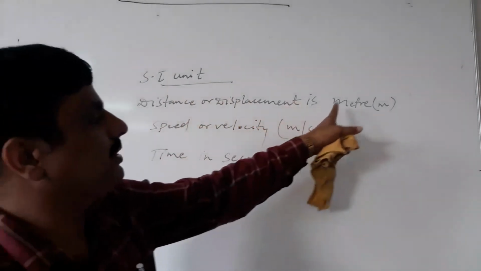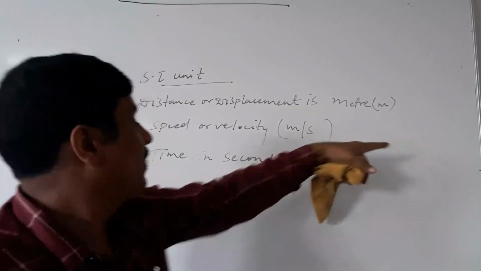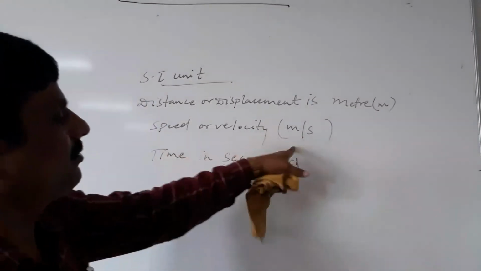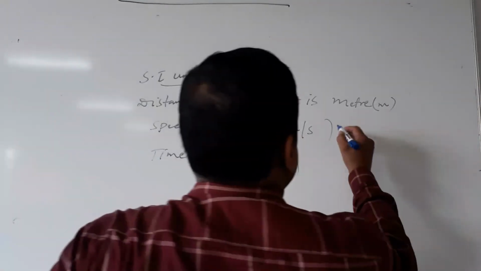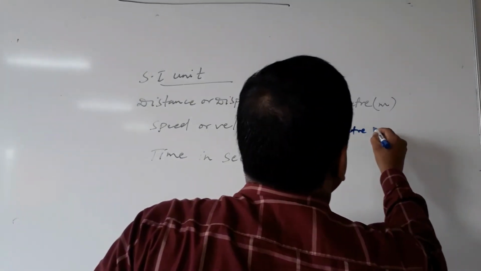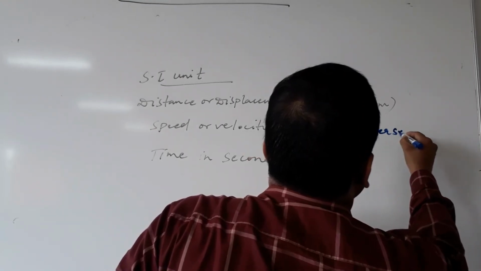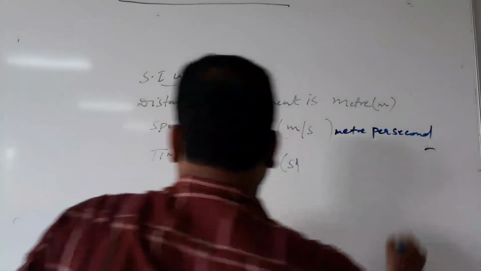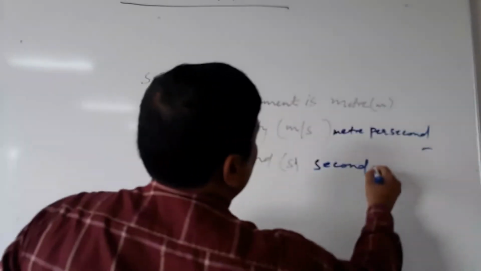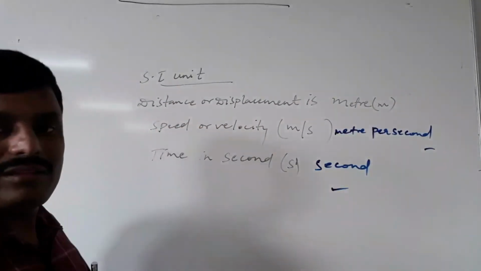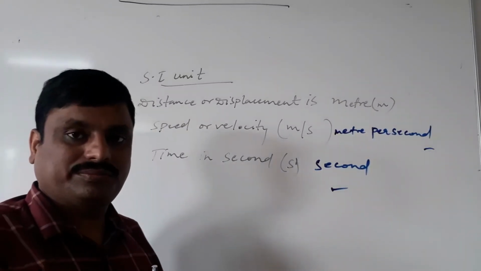Distance or displacement is measured in meter, small m. Speed or velocity in meter per second. Right here, meter per second. Time in second. Like this, you will have to write.